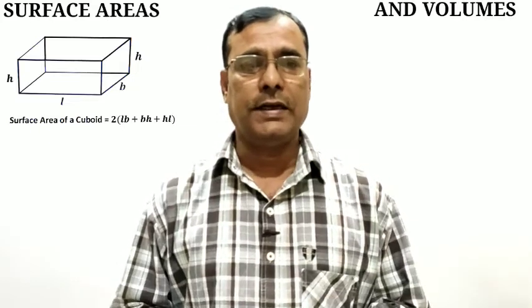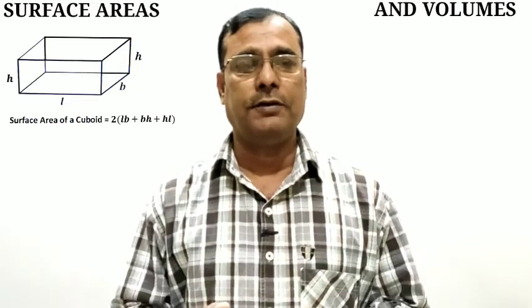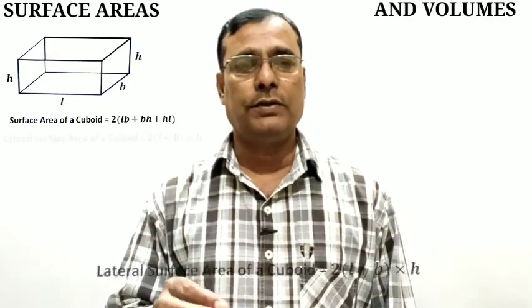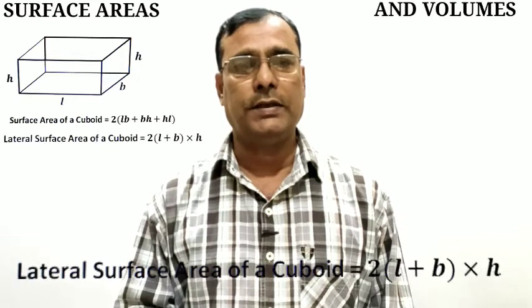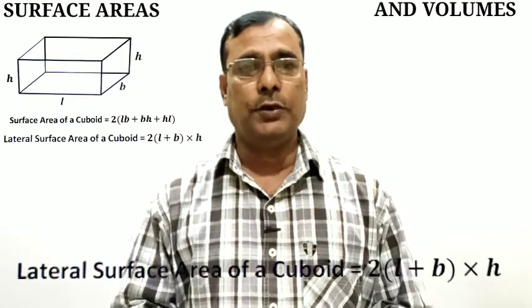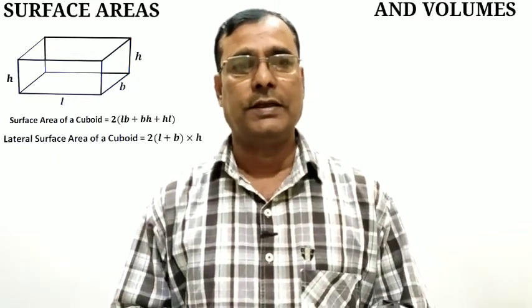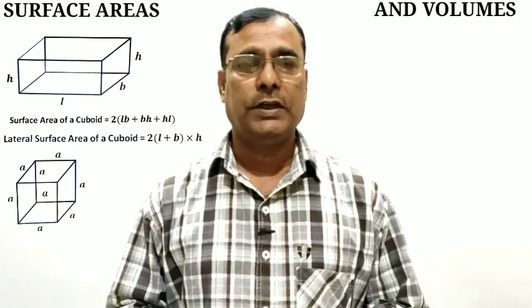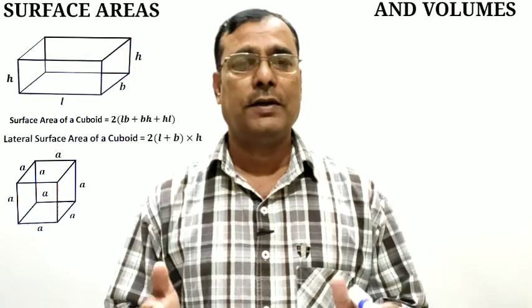Lateral surface area of a cuboid, that is the surface area of four vertical walls of a cuboid, is equal to 2 into length plus breadth into height. A cuboid whose three dimensions, that is length, breadth and height, are equal is called a cube. A cube has six square faces.